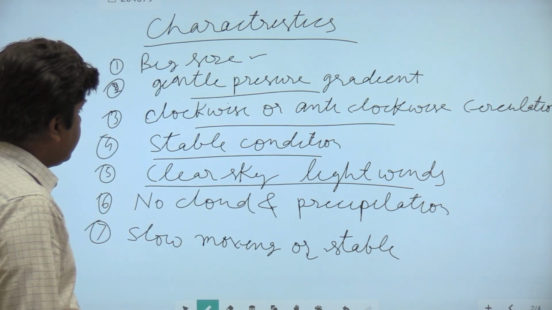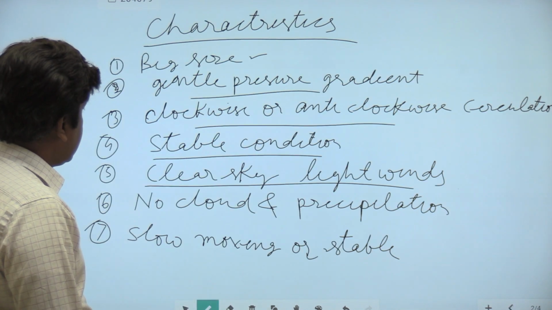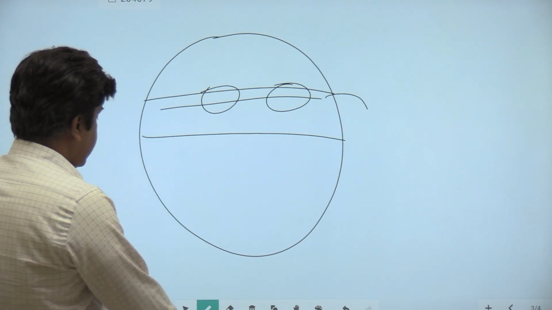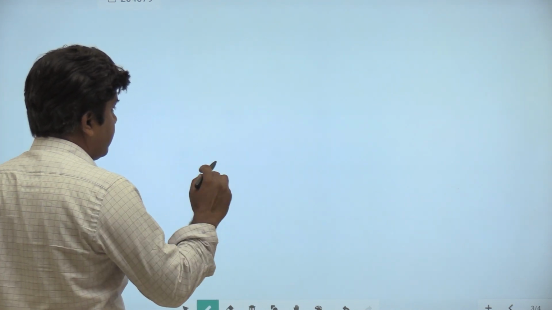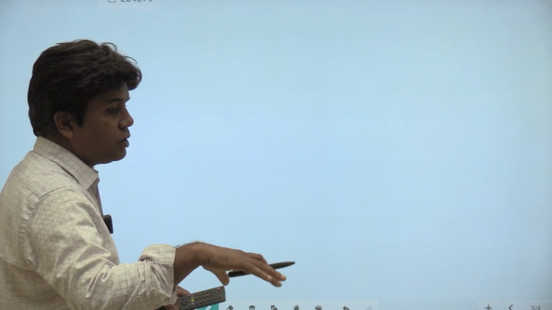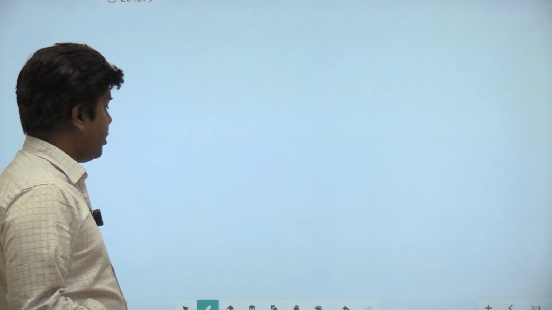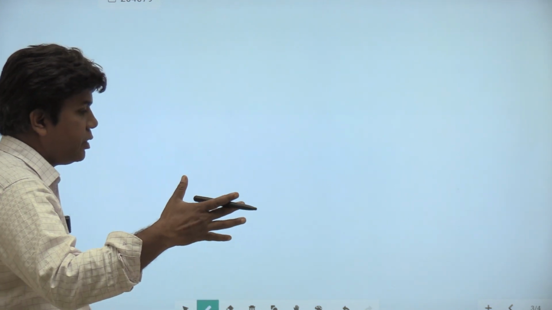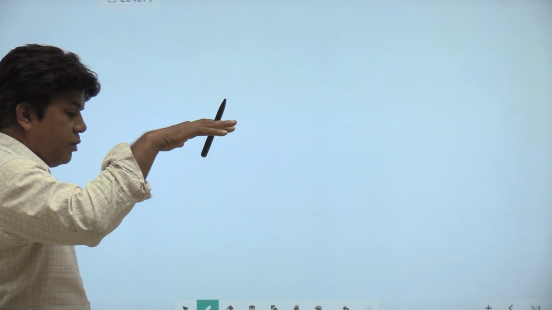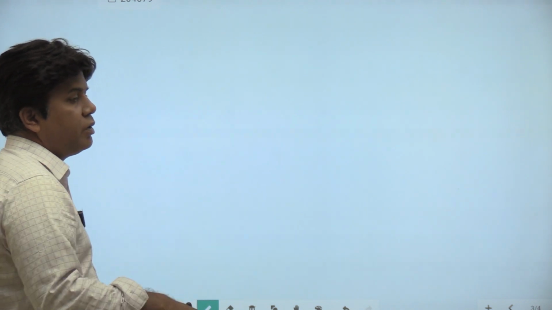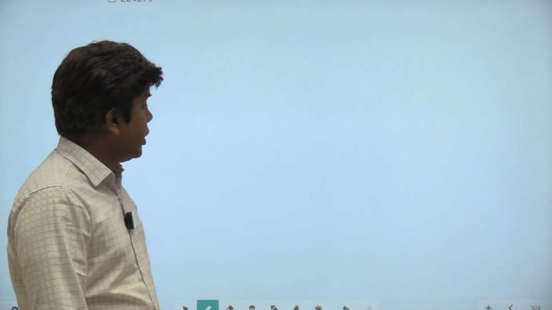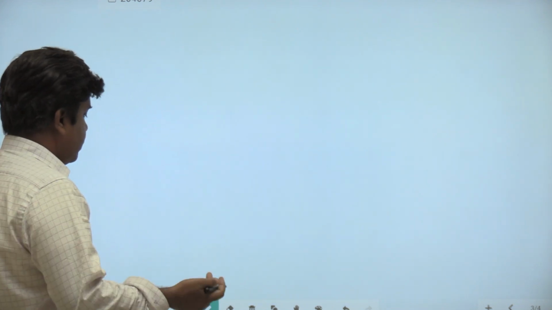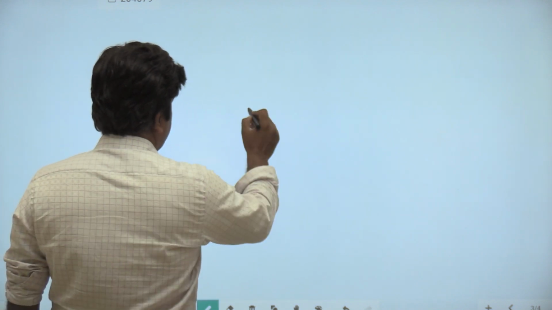The sky is clear because if a cloud has to be formed, then definitely the air has to get uplifted. Wherever the air subsides, there is no way cloud formation can take place, because the air gets heated adiabatically, and whatever little water vapor is there also gets evaporated. If a cloud has to be formed, air has to first rise.